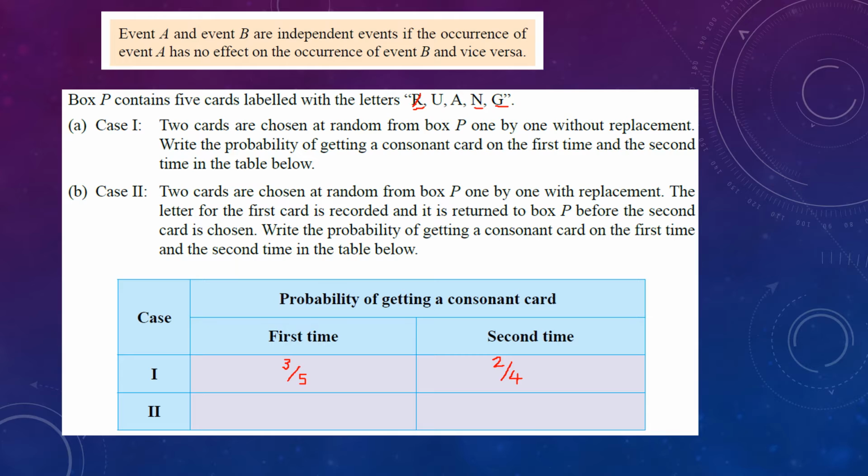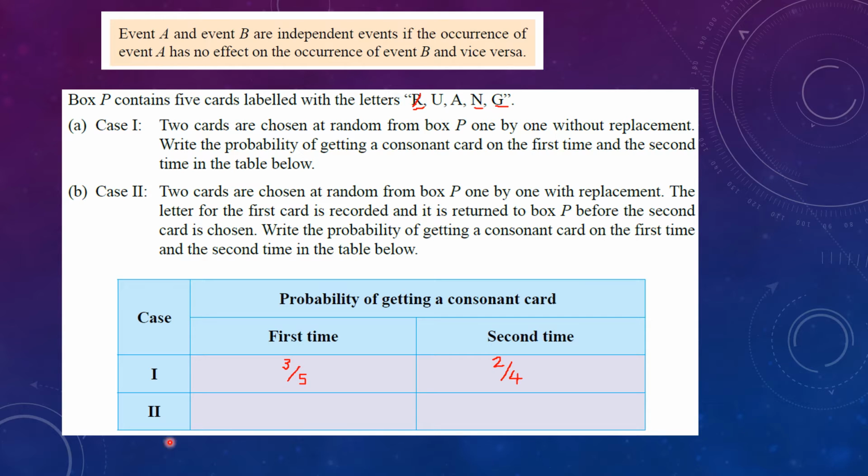So the second probability depends on the first one. If the first time you didn't choose a consonant and you picked a vowel card U or A, that means the second time will become 3 over 4. So the second probability depends on the first probability.